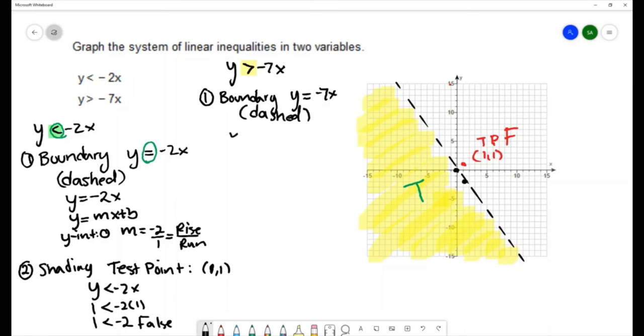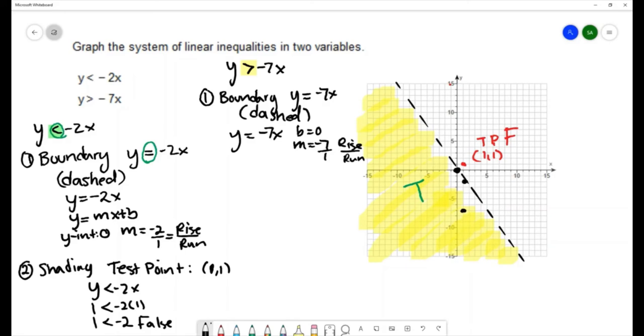Our boundary line y equals negative 7x is also in slope-intercept form. We have a y-intercept of 0 and a slope of negative 7. So we can plot our y-intercept at 0, 0. We're going to go down 7 and right 1 using the slope to get to another point. That's the rise over run. So we go down 7 and over 1, getting us right here.